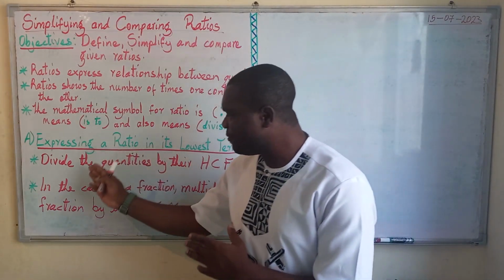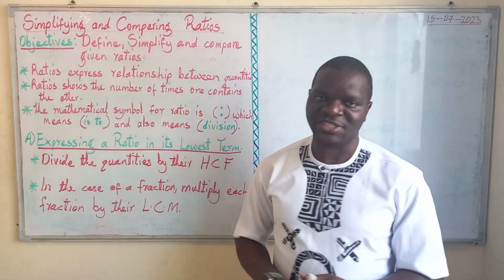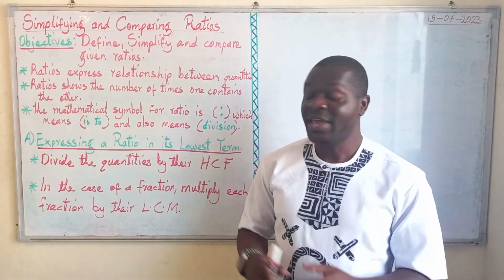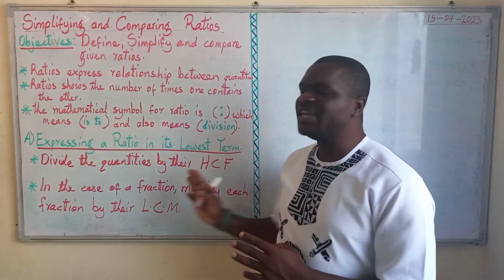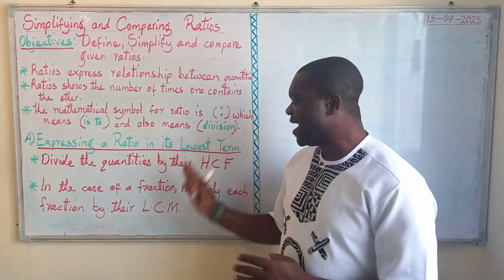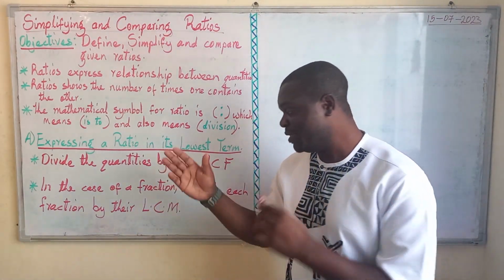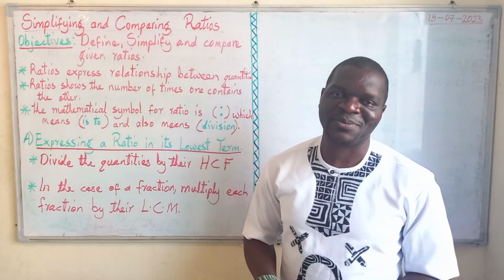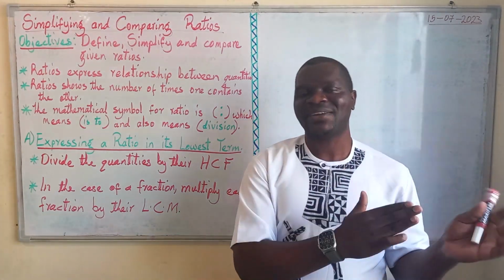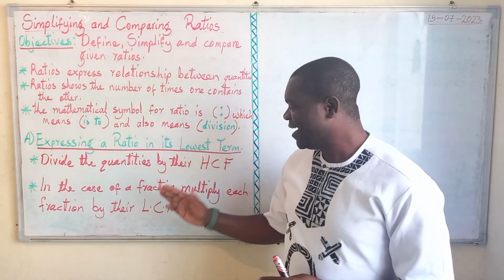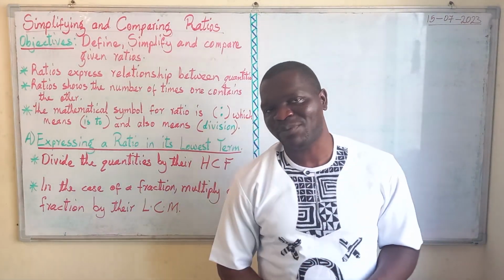Also, sometimes these ratios are expressed in the form of fractions. If you have fractions, then multiply each fraction by the LCM. LCM is the lowest common multiple. If you missed that lesson, you can equally check our previous lessons to refresh your memory.